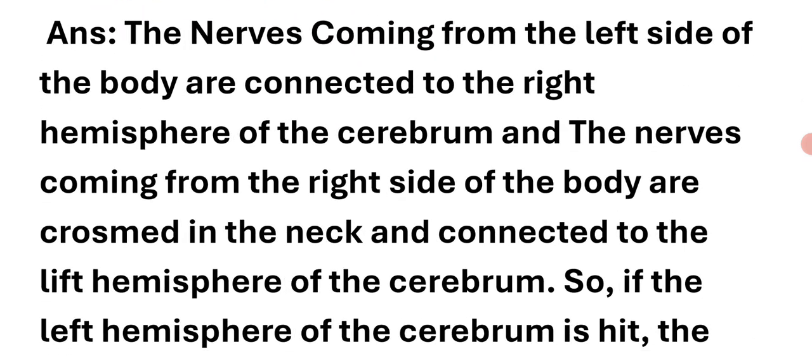Right answer: the nerves coming from the left side of the body are connected through the right hemisphere of the cerebrum, and the nerves coming from the right side of the body are crossed in the neck and connected to the left hemisphere of the cerebrum.